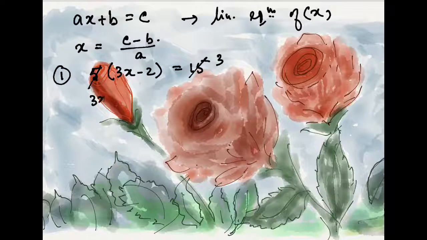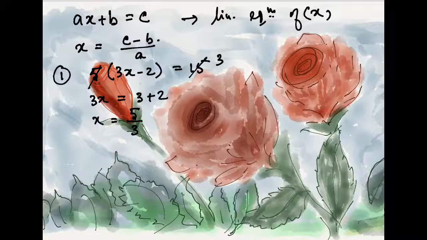Therefore, 3x equals 3 plus 2, rearranging it. So x equals 5 by 3. This is my solution of the linear equation. Now, simply check how it would be if you are considering the absolute value.